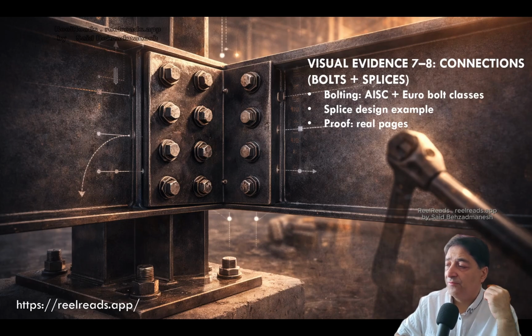Connections are often where engineering becomes most practical, and this book treats them seriously. It covers bolts, welding, beam to column joints, base connections, and AISC based connection checks. That is a big benefit because connection design often controls constructability, cost, and fabrication ease.